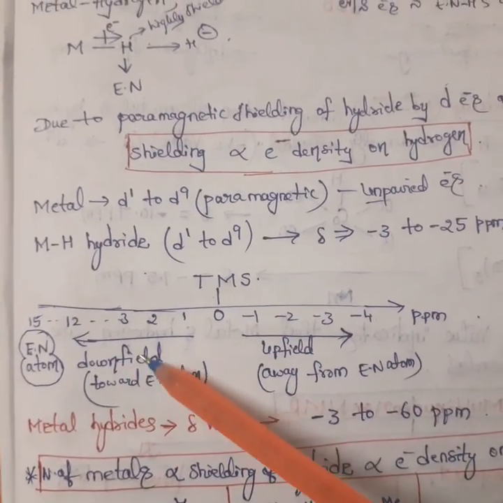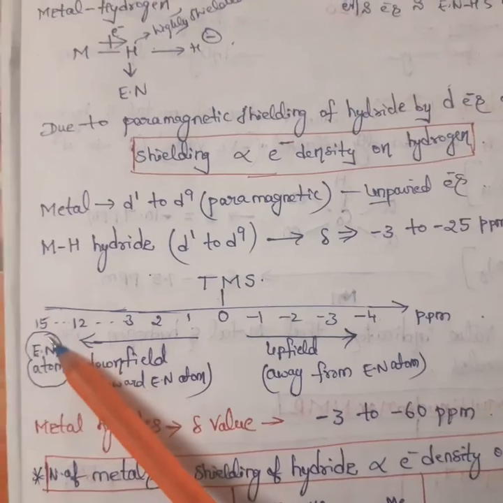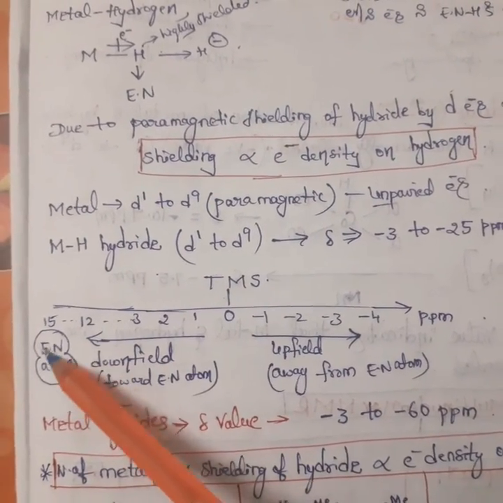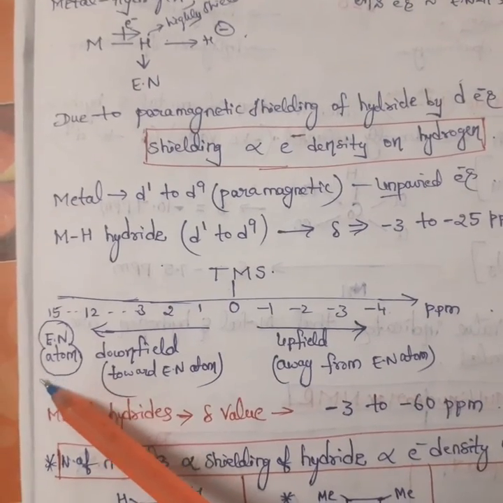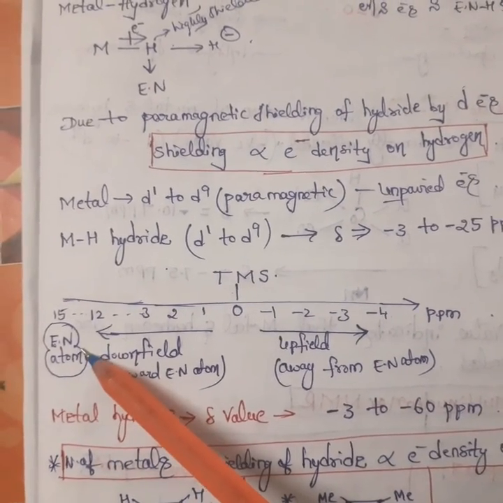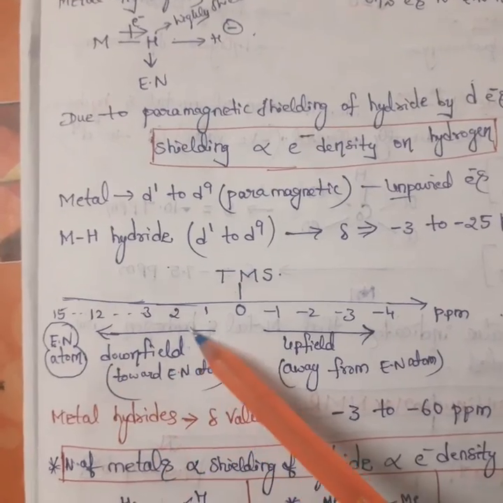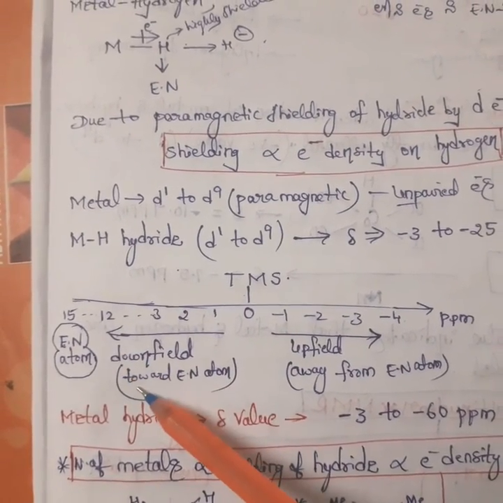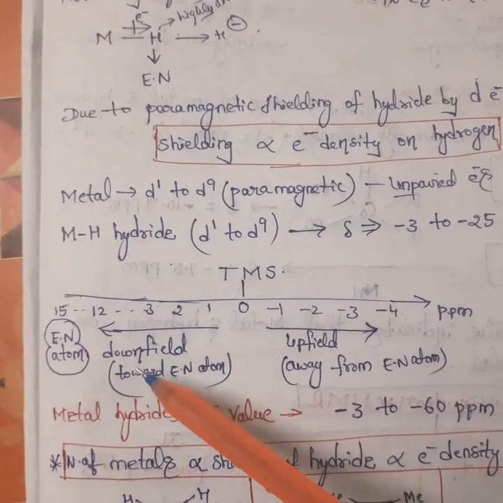Next, this is towards the left side, towards the electronegative atom. Just for your understanding, assume that an electronegative atom is present here. The scale is moving towards the electronegative atom, which means downfield.